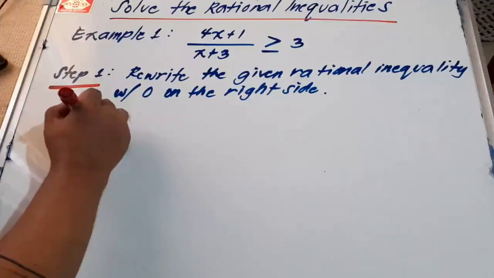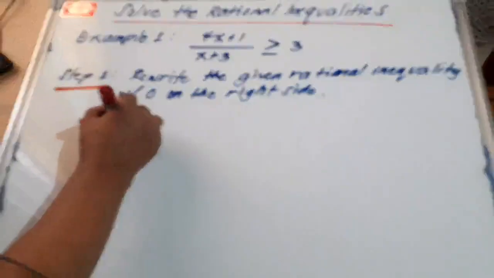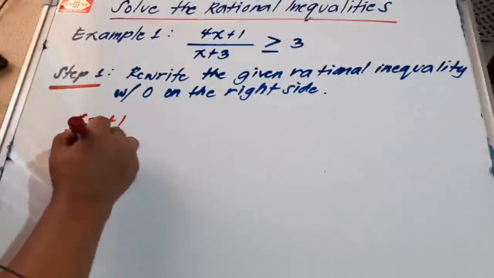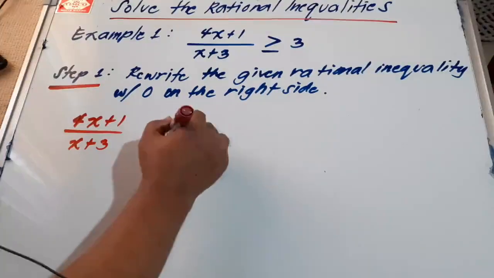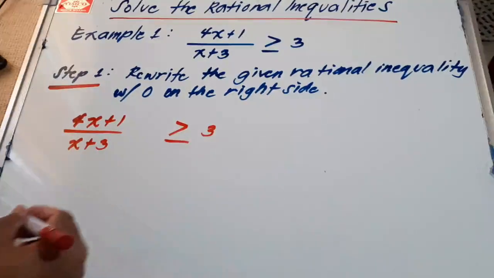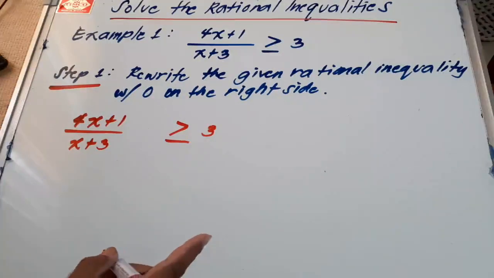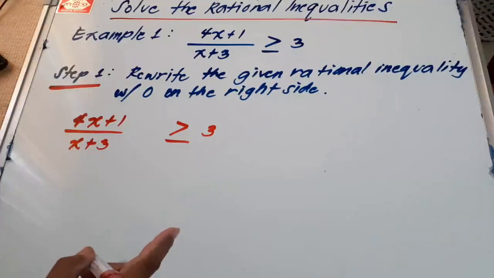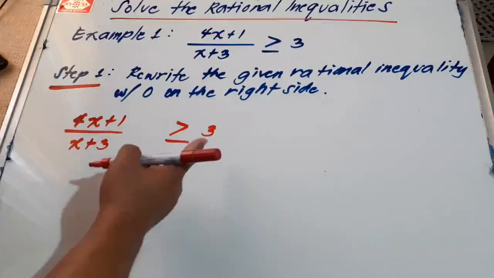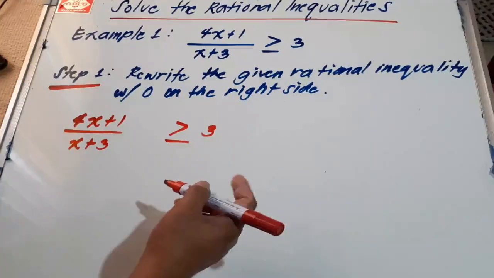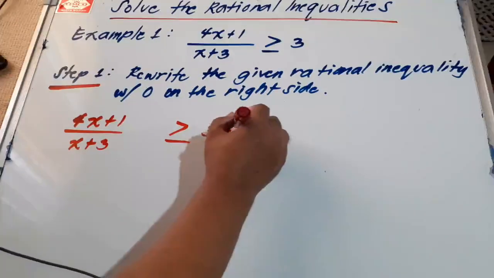So we have 4x plus 1 over x plus 3 greater than or equal to 3. The addition property is just simple adding and subtracting to both sides of our rational inequality by the same number or by the same expression. So to remove 3, this is the right side of our inequality, I'm going to subtract 3 here.